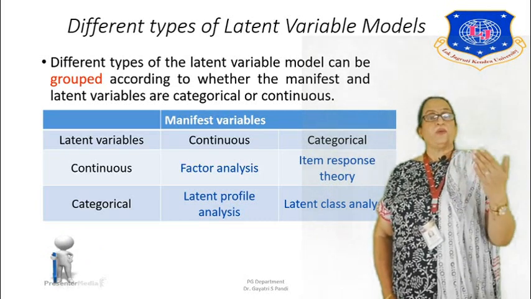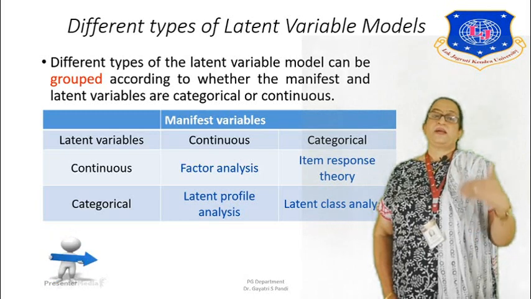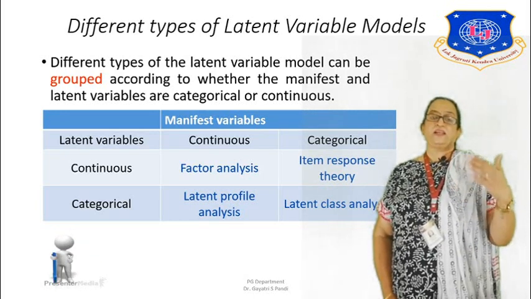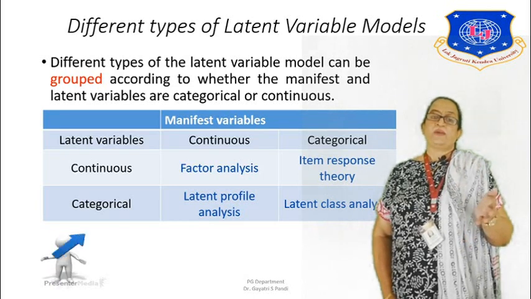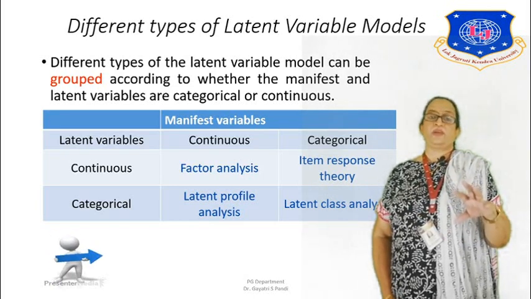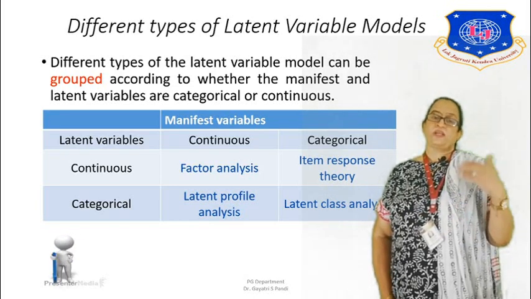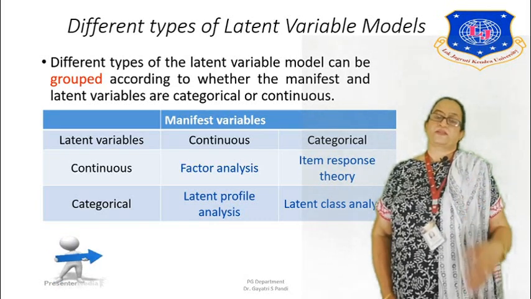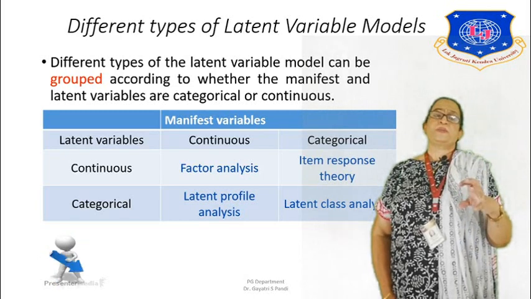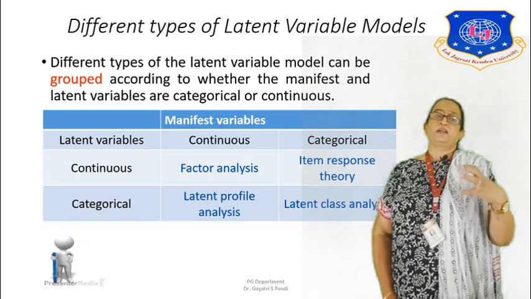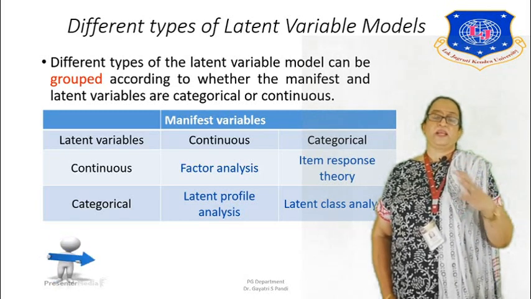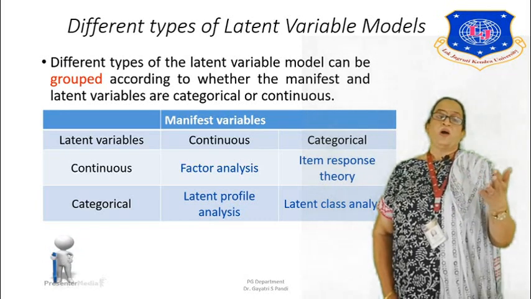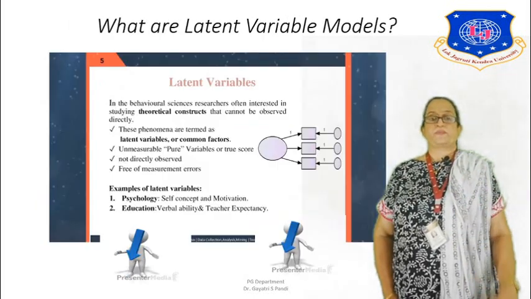If the latent variable is categorical and the manifest variable is continuous, you have latent profile analysis. And when both are categorical, you consider latent class analysis. So this was a brief discussion on the different types of latent variables. In general, just remember that they can be categorical or continuous.